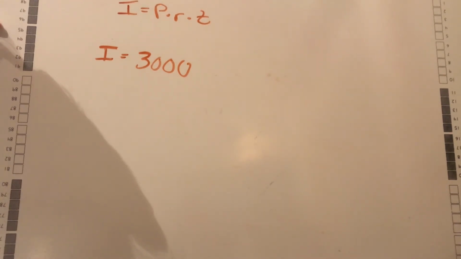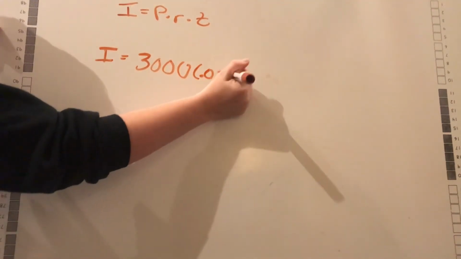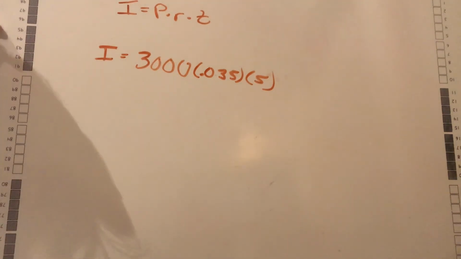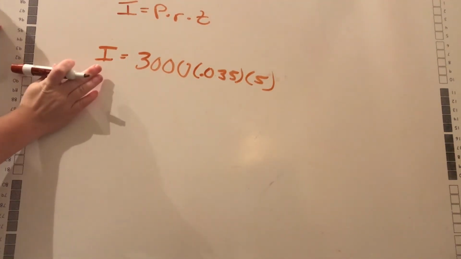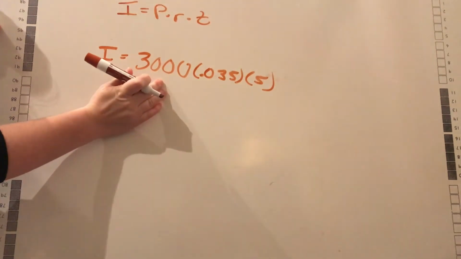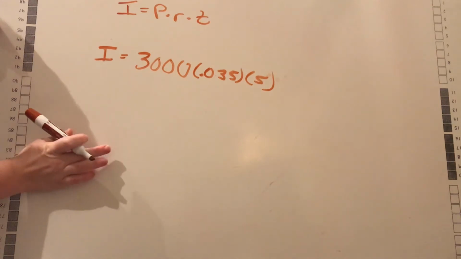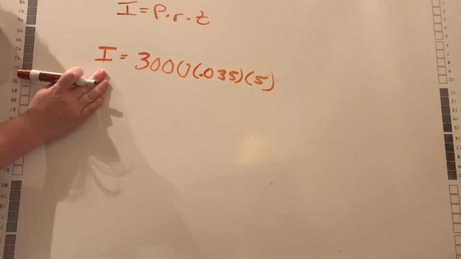How much will this account have after 5 years if she earns a yearly simple interest rate of 3.5%? So we're going to multiply that by 0.035 and 5 years. So first we're going to find the interest. Then we're going to add that to the initial amount put in, or the principal, in order to find the total.